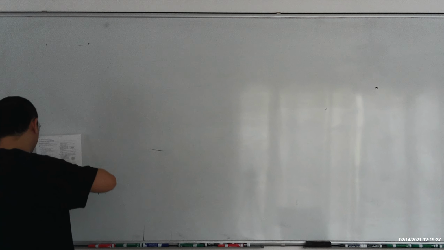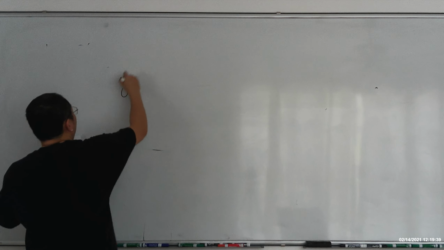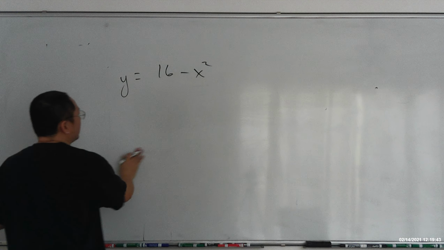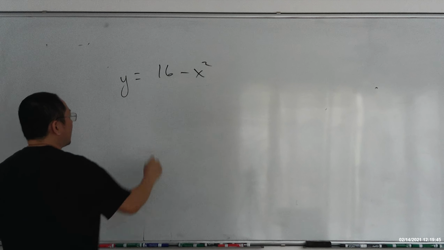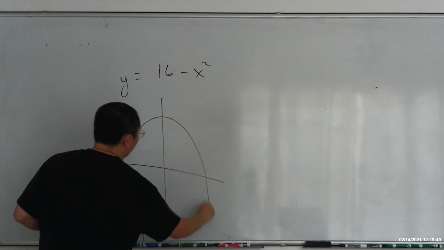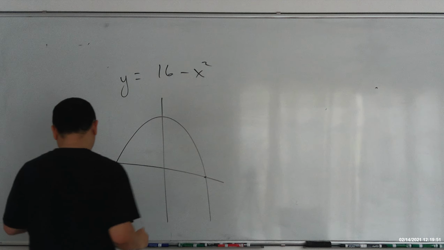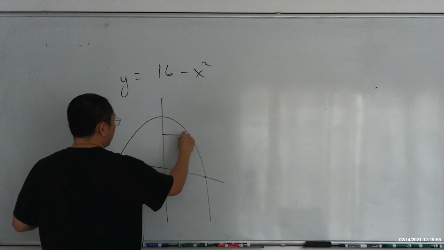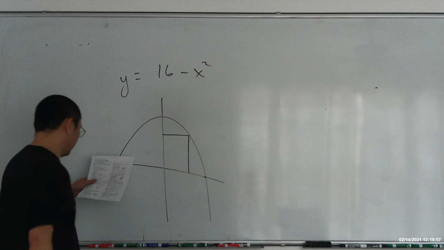On the graph of y equal to 16 minus x squared. So you see that this one is going to be a parabola upside down. We only talk about quadrant number 1, so we care about the first part, okay? And we have a rectangle like this. I'll show you the picture, all right?